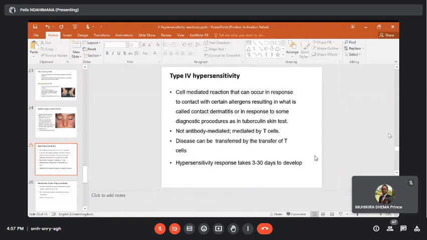Once they are presented to T cells for the very first time, the T cell will go through a process of multiplication, or cloning. They become so many, and then after that, they will get some other signals which will tell them which subset they will become.